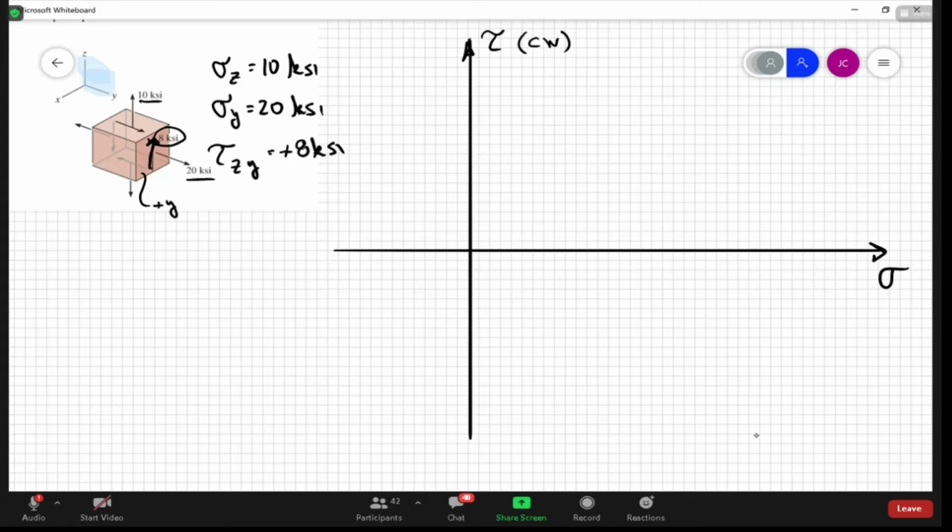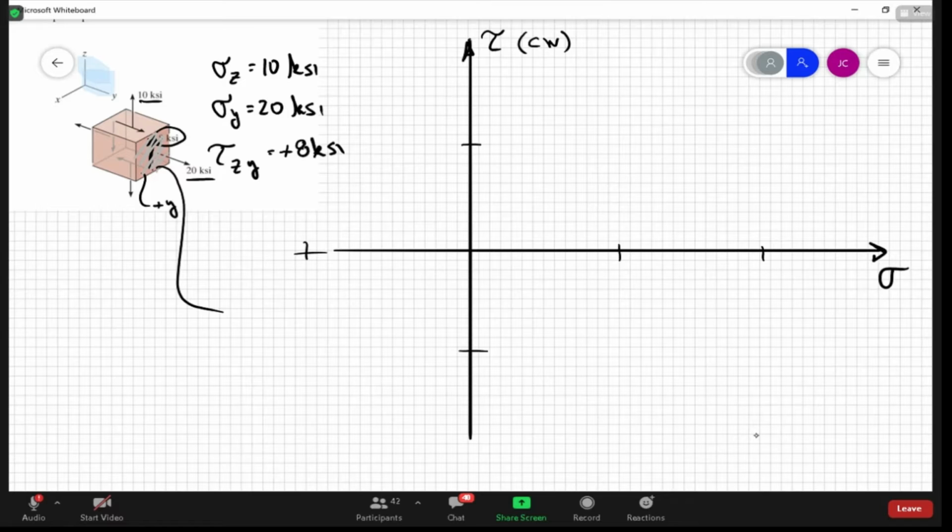Let's plot the normal stresses first. We'll first look at this face. On that face we have a normal stress of 20 ksi, so let's say this is 10, 20, and minus 10, sort of.